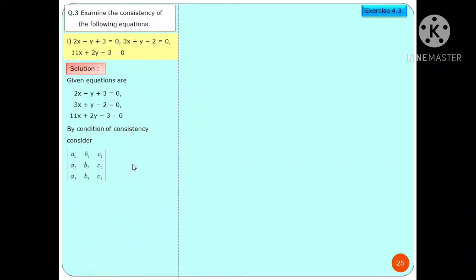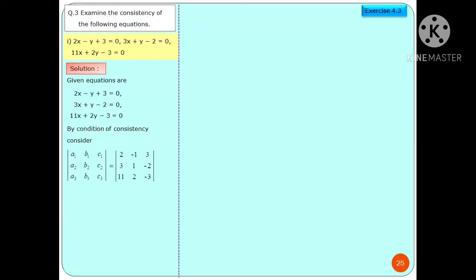Determinant D is obtained here: first column for the coefficients of x, 2, 3, 11. Second column for the y coefficients, minus 1, 1, and 2. And last for constants 3, minus 2, and minus 3.